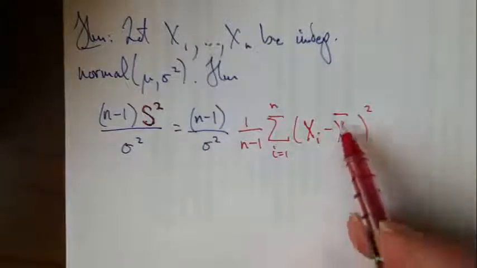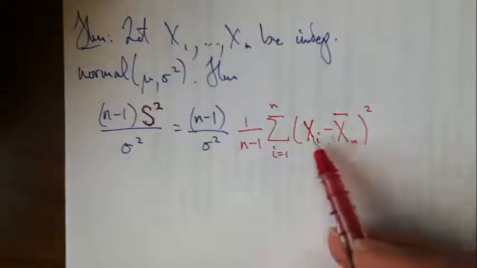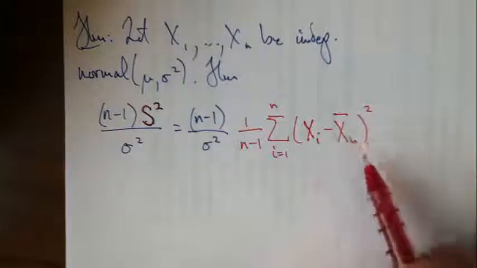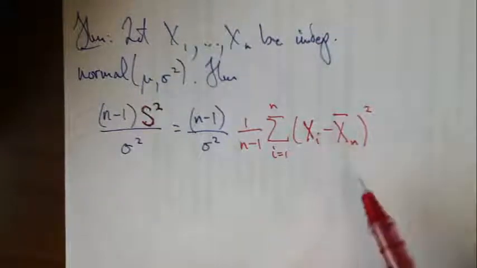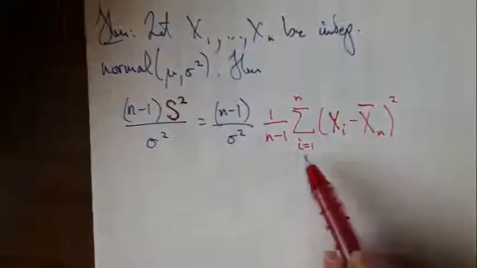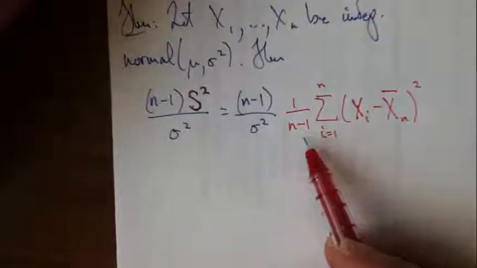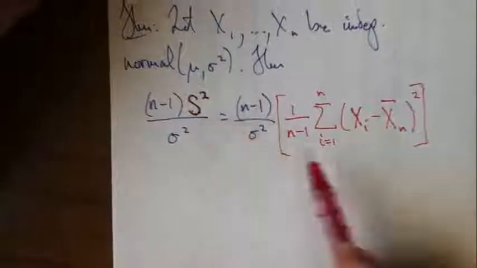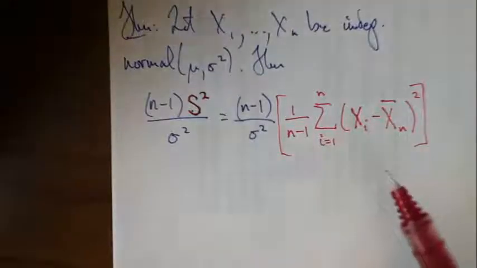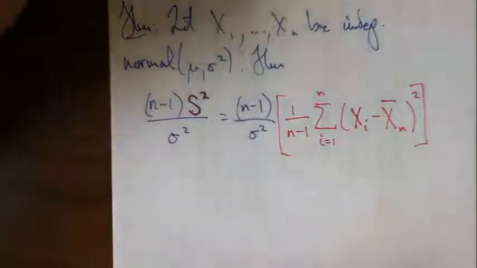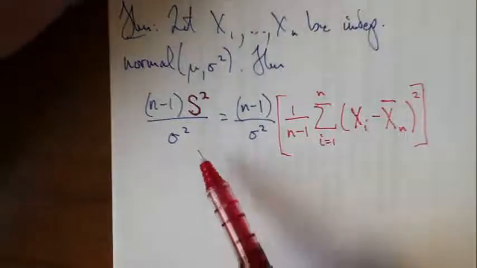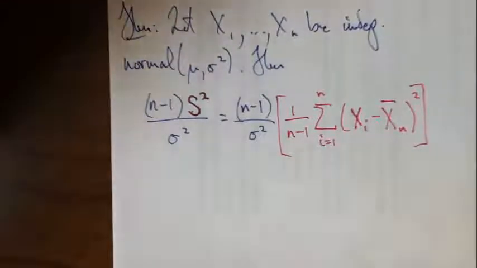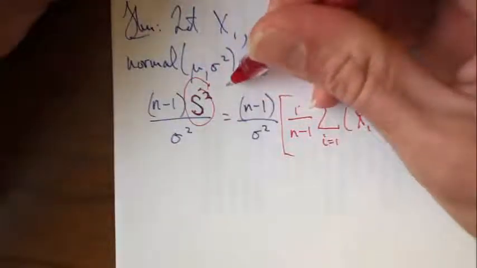Of course, you're subtracting the sample mean from each observation, and then instead of dividing by n, you're dividing by n minus 1. And there's a technical reason for that. It makes S squared a better estimator for sigma squared in a sense, because on the average it will be exactly sigma squared. So again, this is how S squared is defined.